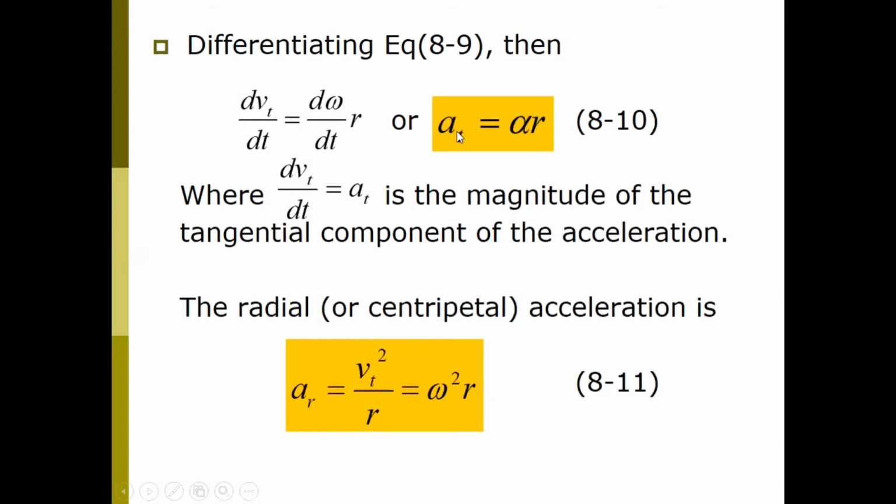By differentiation, you get alpha sub t equal to alpha times the radius, where the derivative of the velocity over the derivative of time is the acceleration, which is the magnitude of the tangential component of the acceleration. The radial or centripetal acceleration is equal to the square of the velocity over the radius, which in angular terms is omega squared times r.